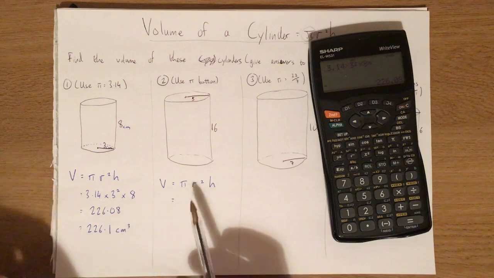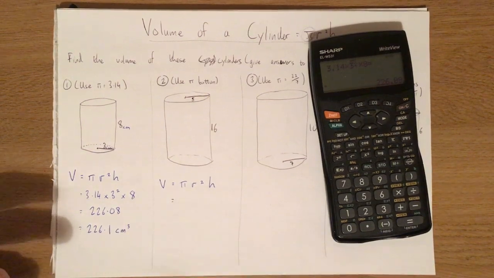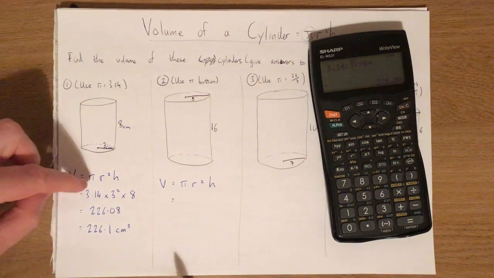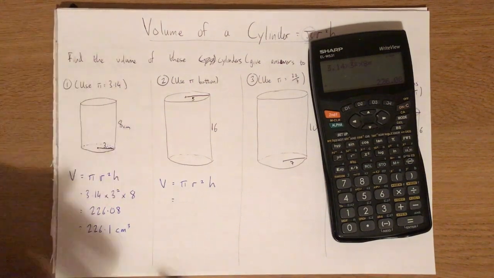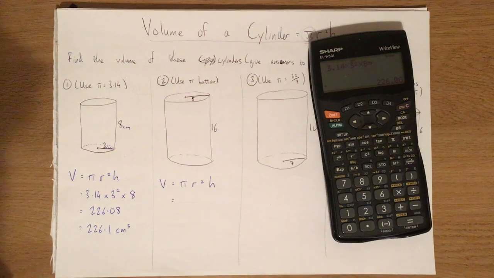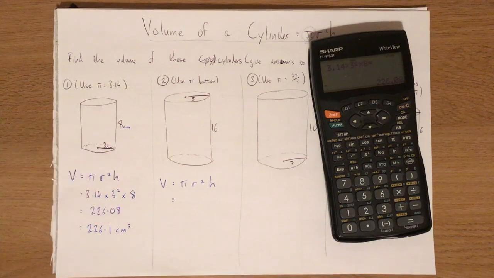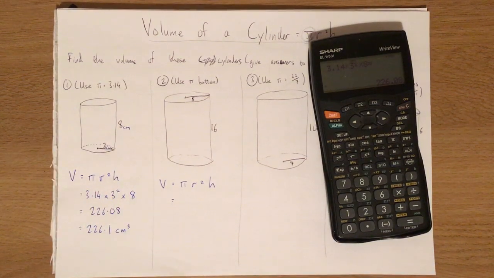There'll definitely be marks going for writing the formula and subbing anything into it correctly. So even if we didn't get the correct final answer here, if we have this formula down and we're subbing something into it right, we're going to get loads of attempt marks. So show your work as much as possible. I don't want to just see the answer written down. Your answers here should have 3 or 4 lines to them.